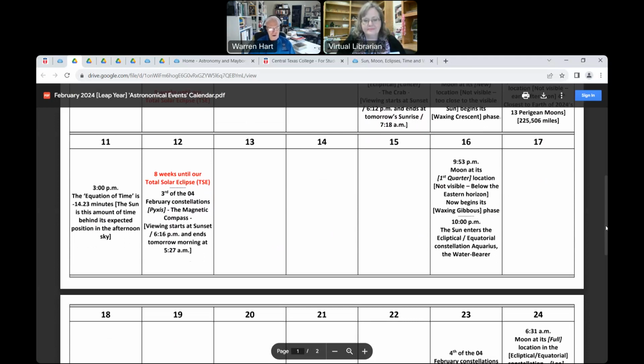And so the equation of time tells us, is the sun trailing the shadow, is it behind the time we're using, or is it ahead of it? And that's where you get your plus or your minus to tell you if you're trying to set your clock that way.